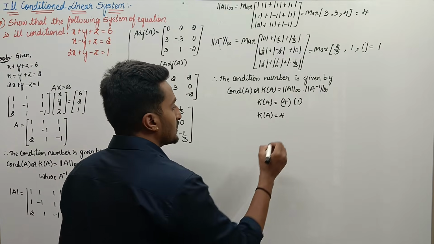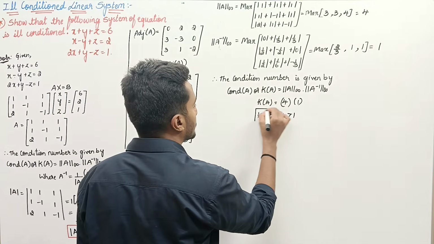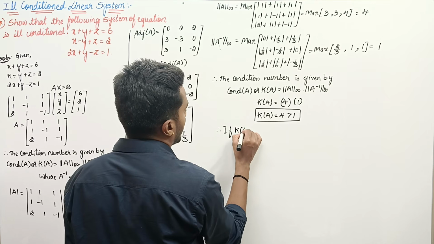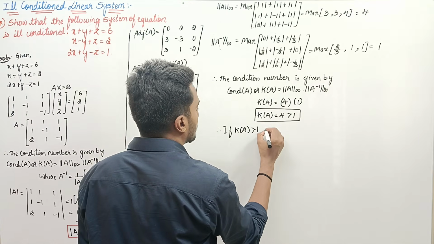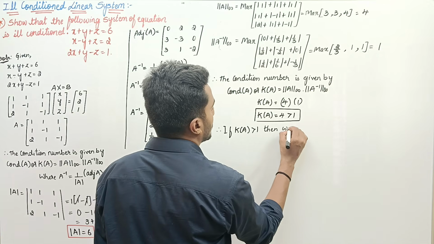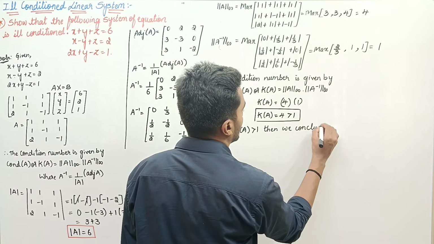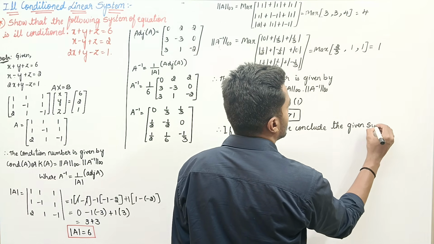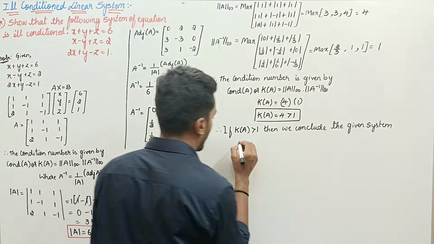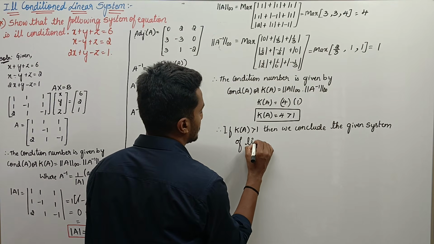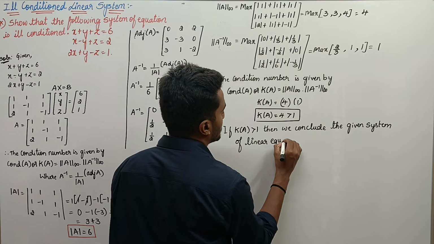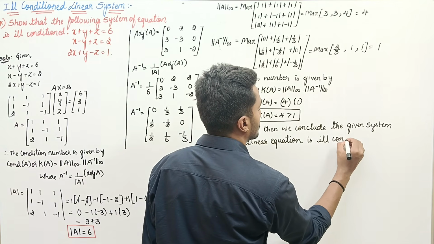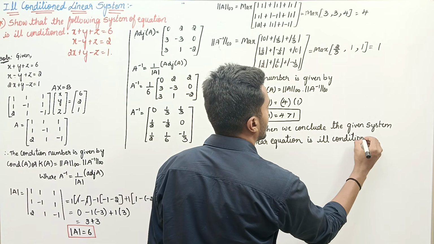Since K of A is greater than 1, we conclude the given system of linear equations is ill conditioned.